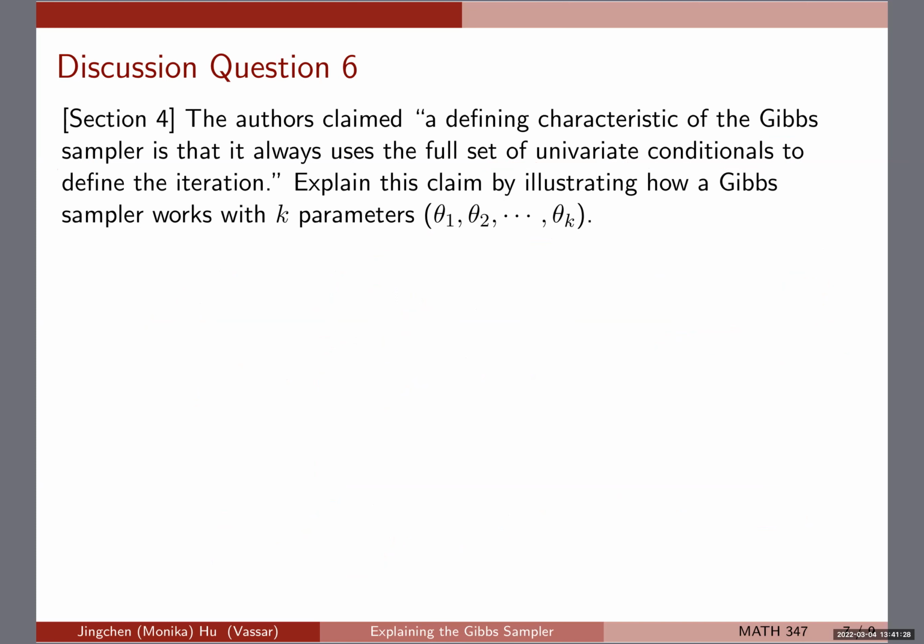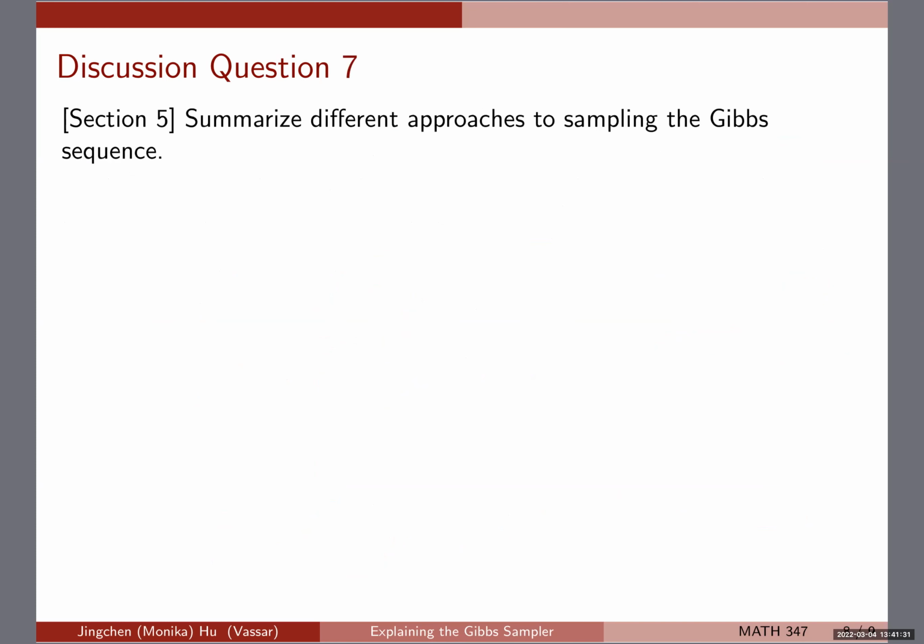So that's for 6. And I think 7 is very similar to what we discussed on Wednesday as well, because we talked about the 2 different approaches, right? The one that we talked about in class, as well as the one in the paper. So if you're trying to get m independent draws from a Gibbs sampler, you can either run m parallel independent chains and get the last draw from each, or you can run a super long chain and then do the thinning and make sure that you have m draws in the end.